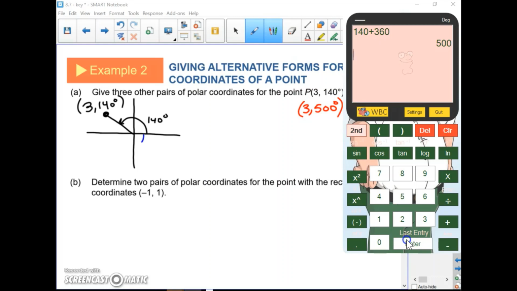If I went around backwards, that's 180 plus some more. That's a 40-degree reference, by the way. What is that angle if I go around backwards? Negative 220. That's a negative 220-degree angle. And so another way of representing this point would be 3, negative 220 degrees.